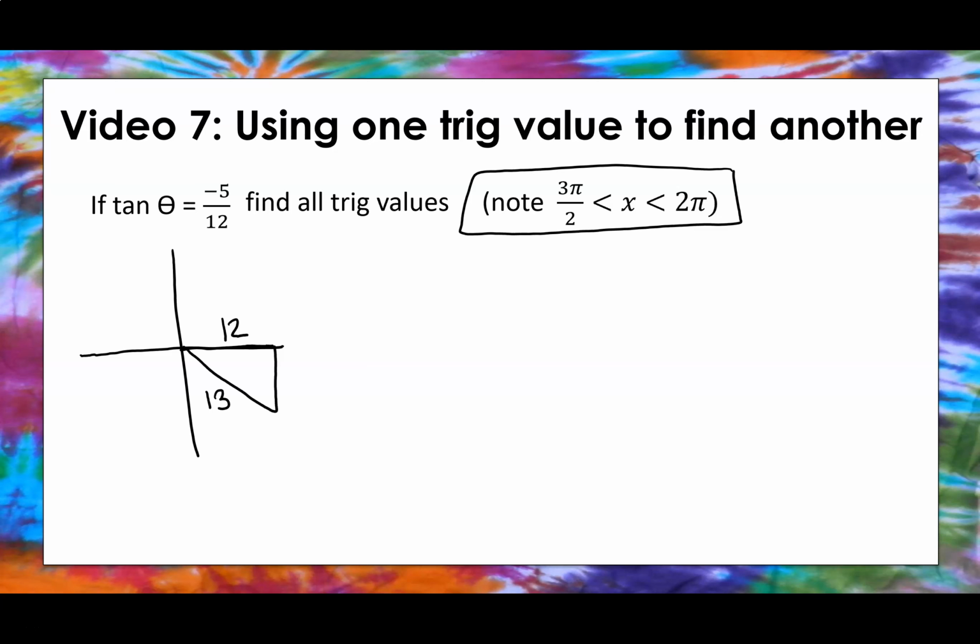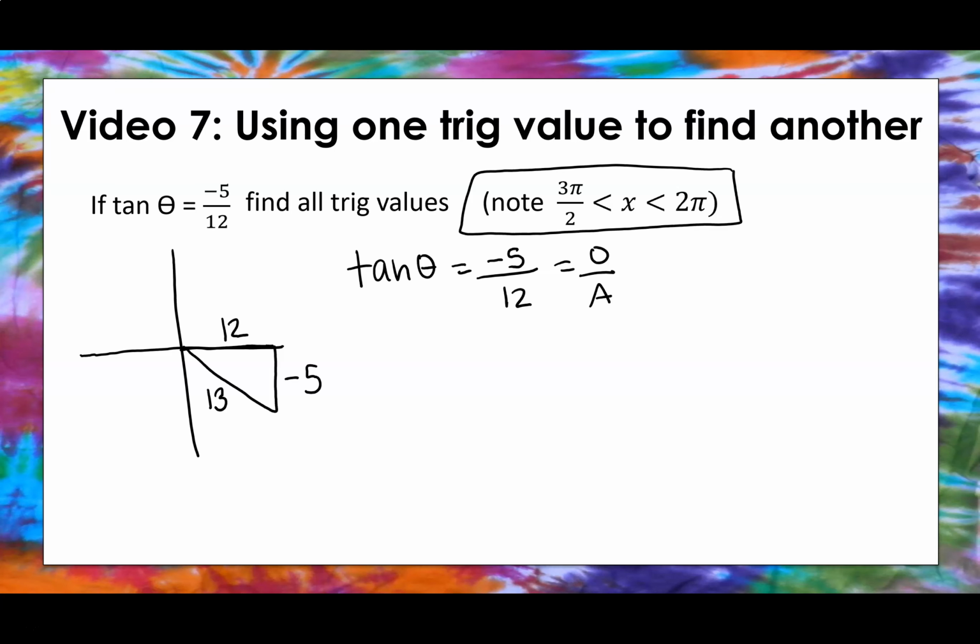Let's make sure I've labeled these sides right. Tangent of theta equals -5 over 12. That's opposite over adjacent. So I should have had my -5 here. All right, no big deal. That means I should have had a 13 here. And that makes much more sense, right? That my hypotenuse is bigger than my two sides.